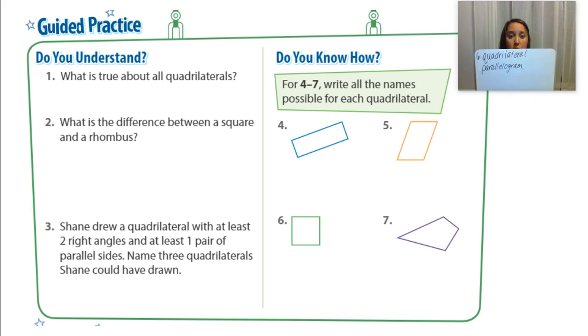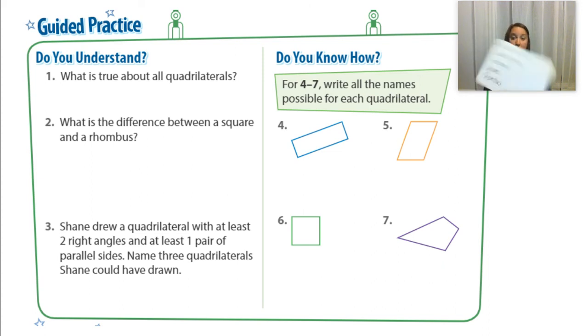I'm also going to call that a rectangle because it has 2 pairs of parallel sides and it has 90-degree angles. I'm also going to call that a square because a square is a type of rectangle and it has equal sides, and I see that all of those sides are equal. And then last, it is also a rhombus.